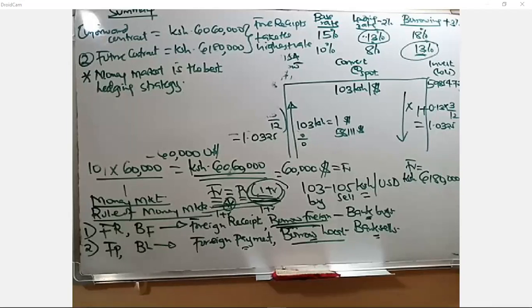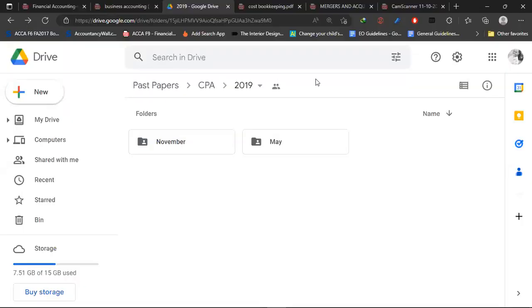May 2021, question 1C. So who is going to read for us? Let me look for Eric Oginga. Be able to read for us tonight. So let me look for the question first.